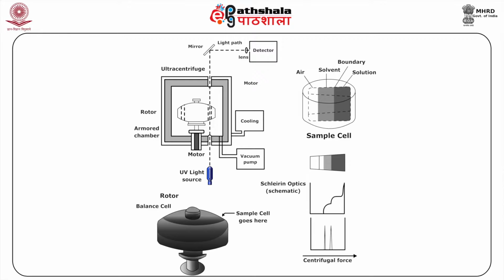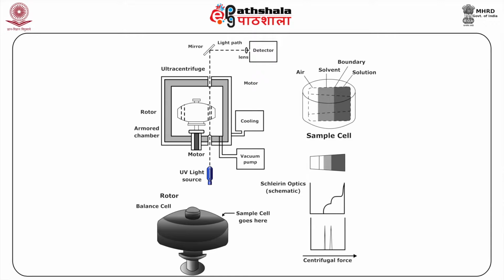Furthermore, when the rotor is placed within the armored chamber of the ultracentrifuge, the sample cell is in such a juxtaposition that a UV light source can pass through the sample cell within the rotor, which is bounded by transparent sides above and below, usually made of quartz or sapphire, so that light can pass through.